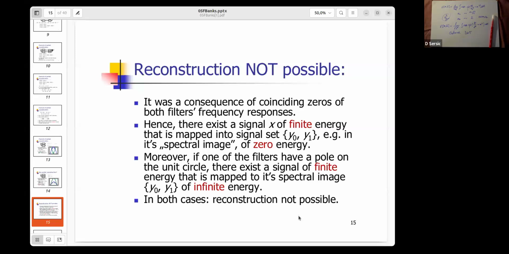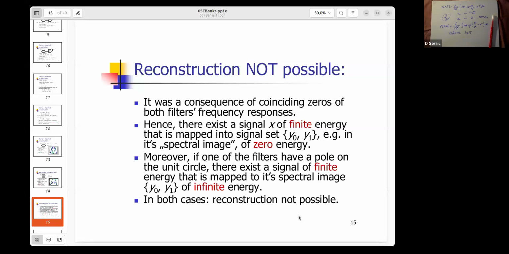And there is another catch. If the filters have poles, if they have infinite response, it is not allowed to have infinite response at the unit circle.